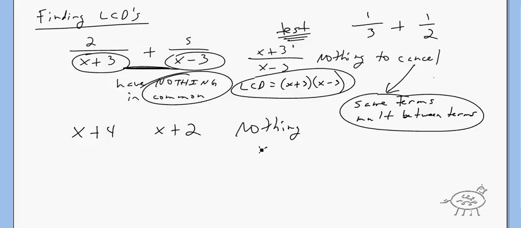Can you divide them, x plus 4 over x plus 2? No, you can't. And please don't cancel out the x's and then say 2 goes into 4 twice and 2 goes into 2 once. These have nothing in common. You cannot cancel anything out. So in this case my LCD is x plus 4 times x plus 2.